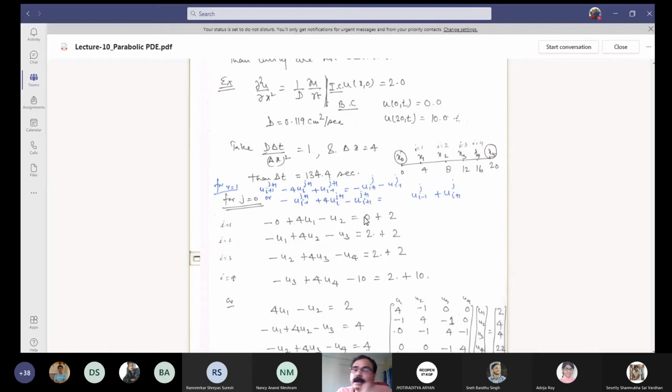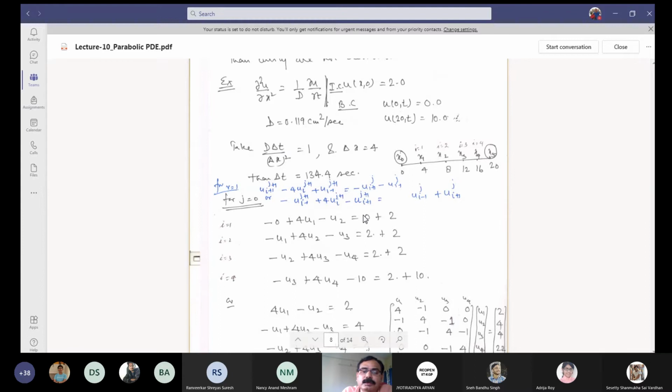I have already told you last time that in some books the boundary condition is taken there, and in some books the average is taken. Since Professor Murthy uses the average, it is better to take this. Here it will be 1 instead of 0.